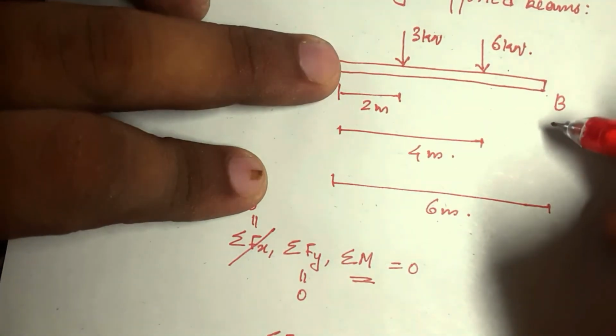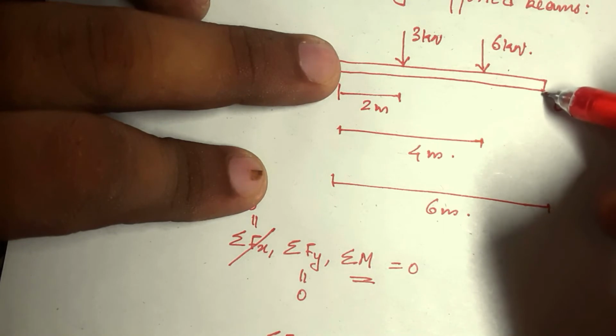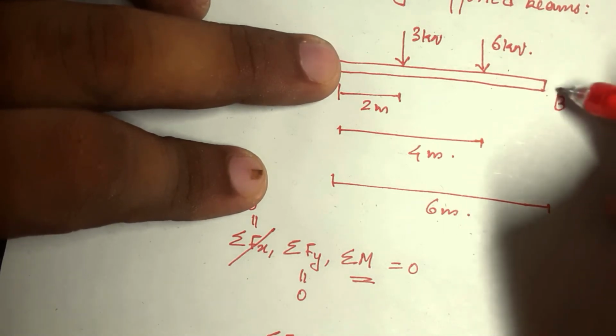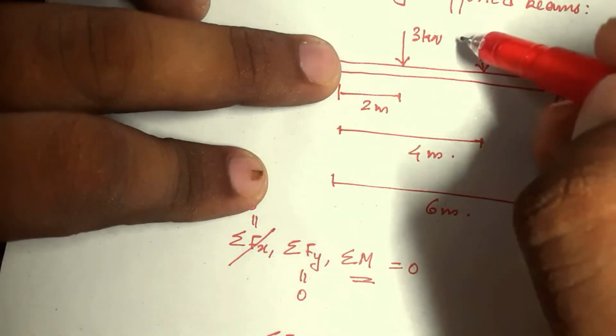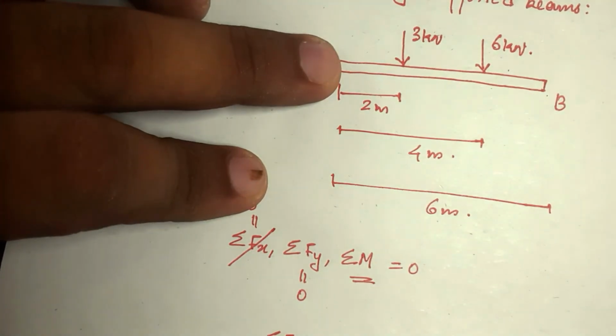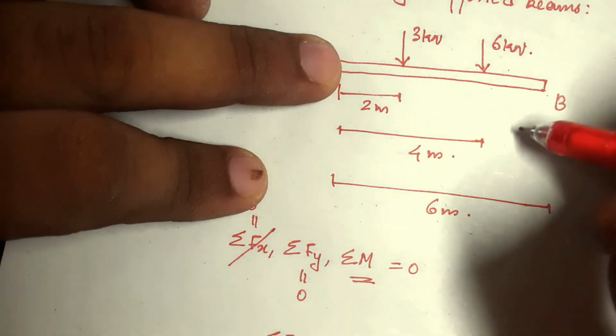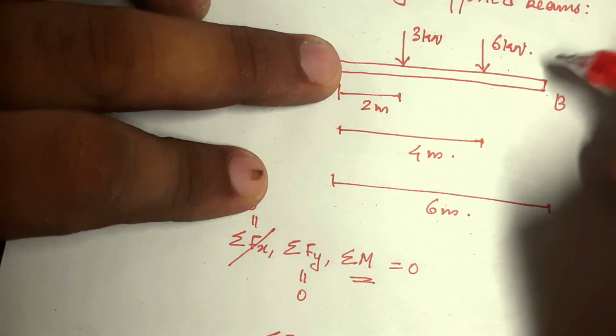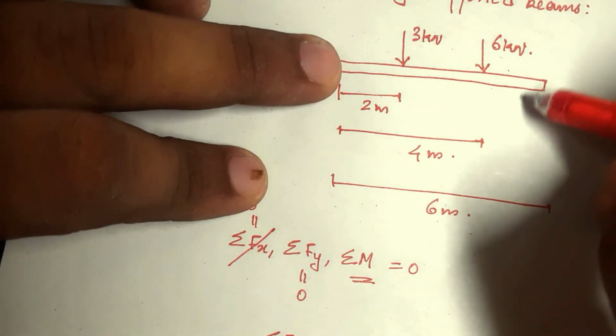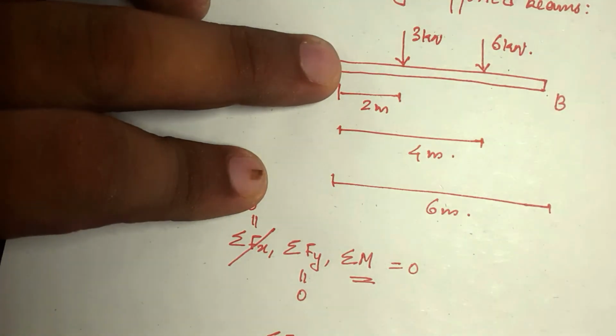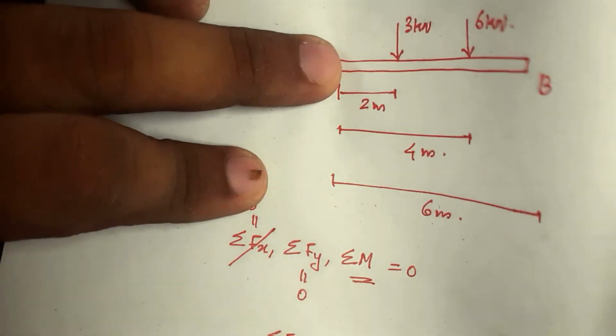Now it should be equal to the moment created by the force at B. If it is acting like this, it should be acting in this direction at B, correct or not? So let's write that in equation.